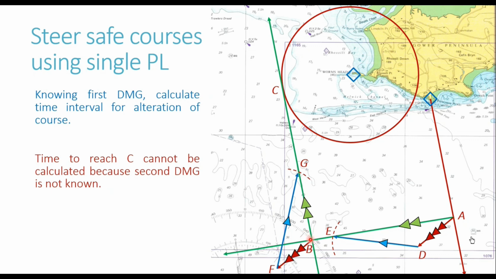So Bravo is not the actual position of the ship, and Bravo Charlie is not the distance made good on the second leg. So even though we know what is the speed made good on the second leg, we still cannot find out our ETA to point C.